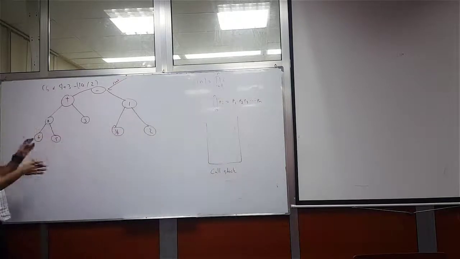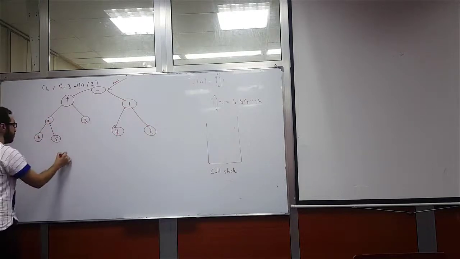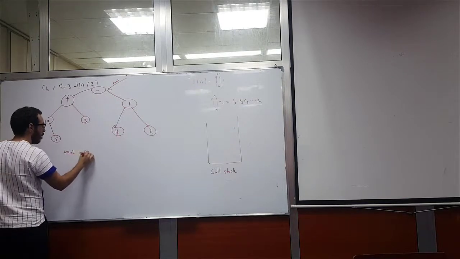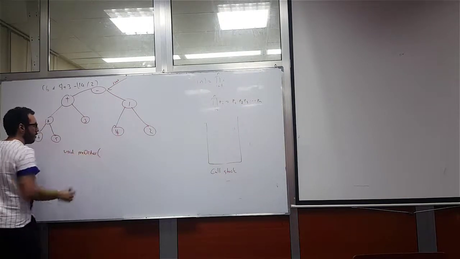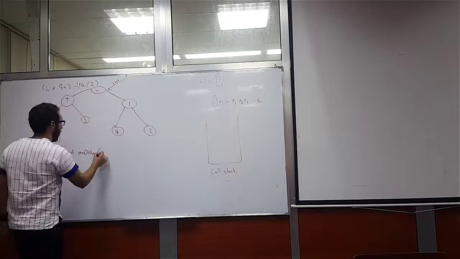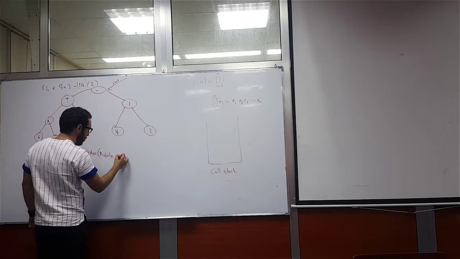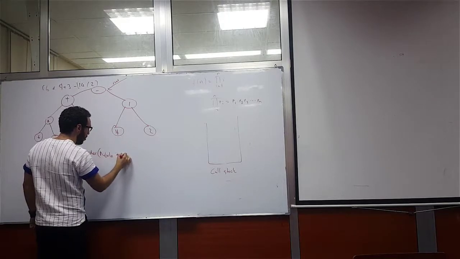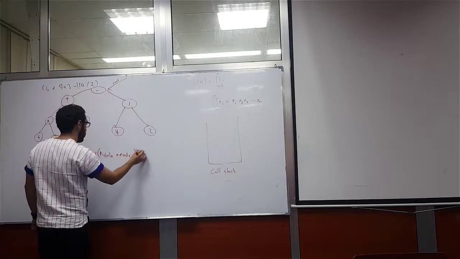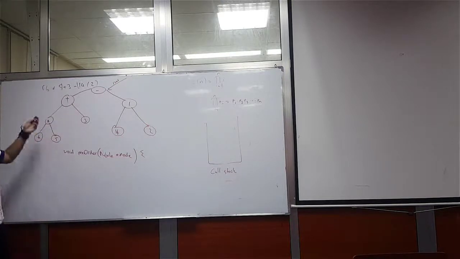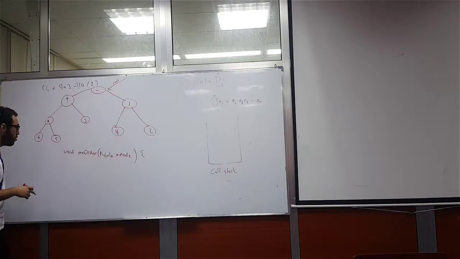And we want to just print the prefix representation of the expression that is included in this tree. We have node as our parameter. Let's name it node because we are going to make recursive calls, so it's not going to be the root all the time. It's going to be the root of the subtree, but it's better to name it node.